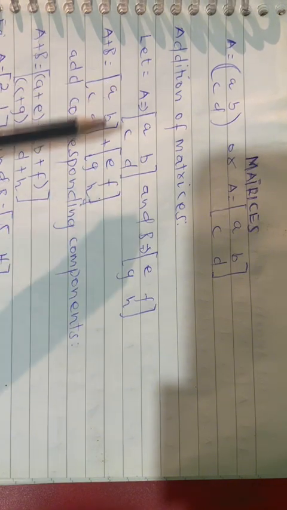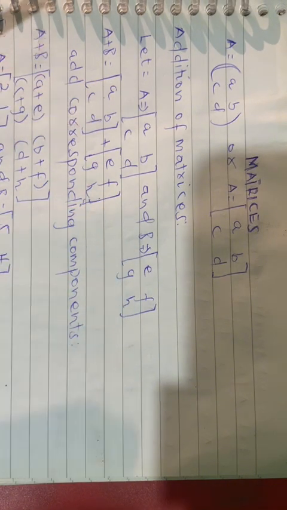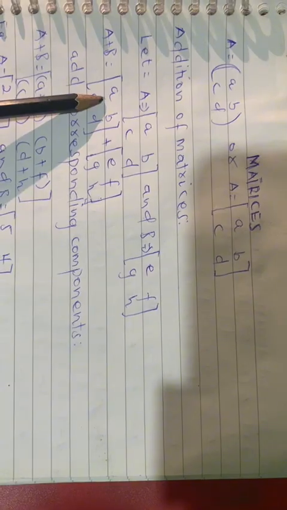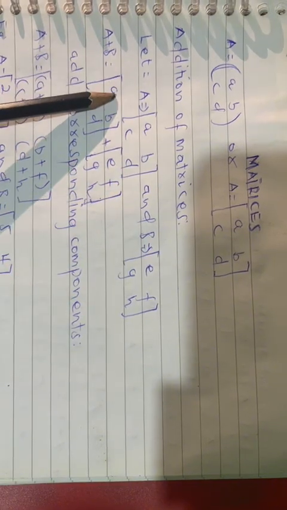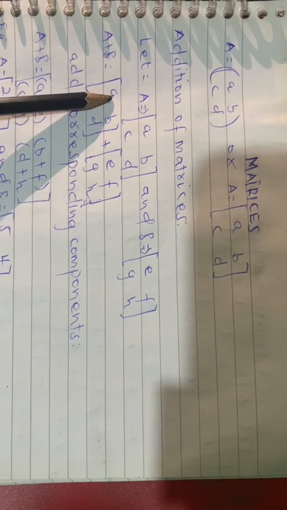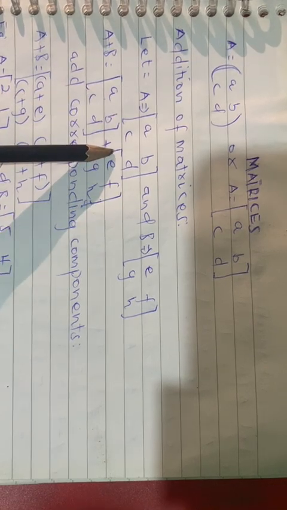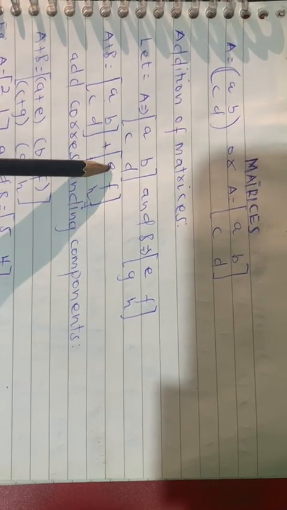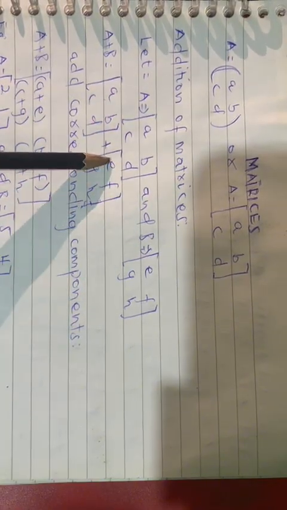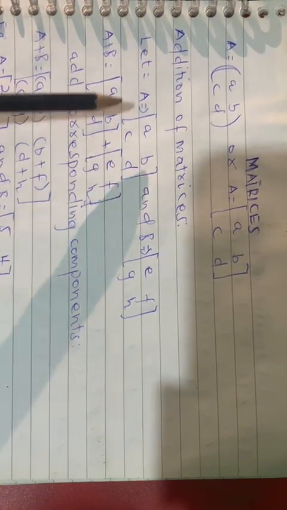We add the two matrices, but we add corresponding components. What I mean by adding corresponding components is this: in the first matrix, the first element in the first row is A, right? In the second matrix, the first element in the first row is E. So they are corresponding components or members.